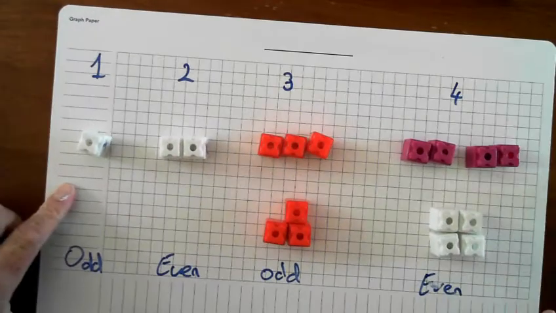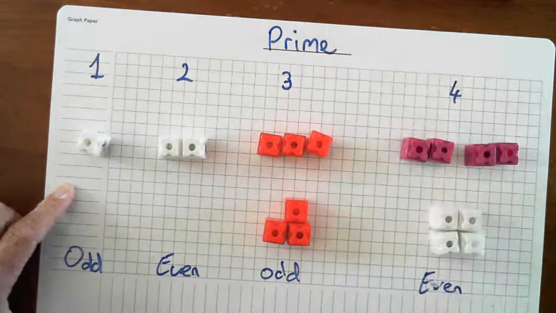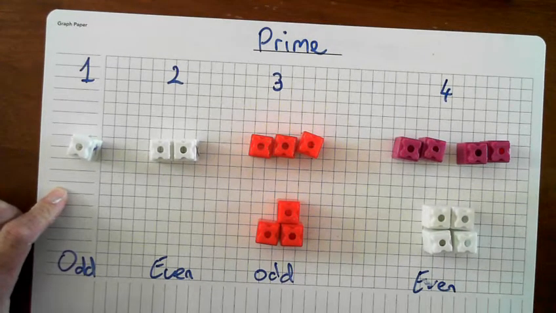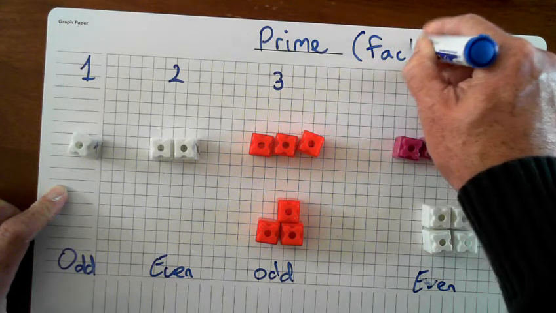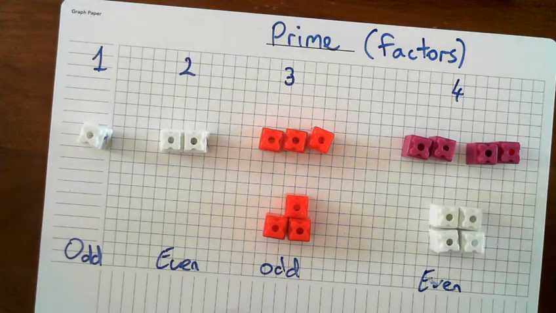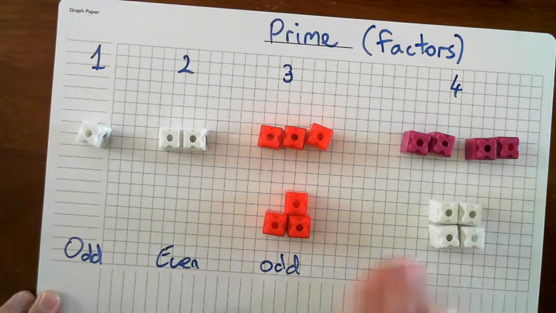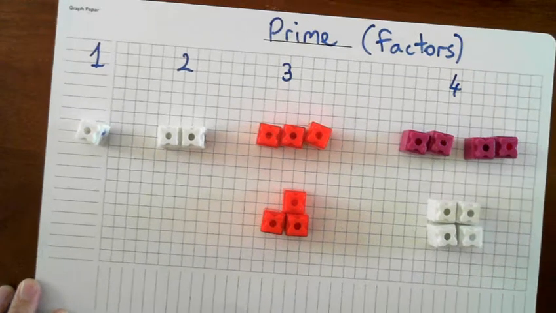So when looking at prime numbers, we look at the number of factors there are. And what does factors mean? It means how many numbers will divide into it. Okay?